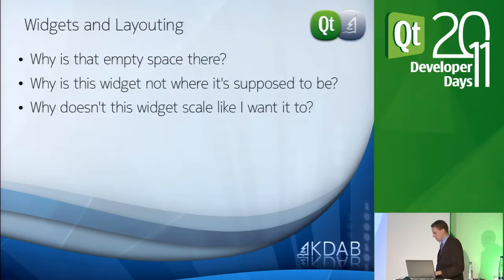And some of the problems you can address with that is, if you do layouting with widgets, especially more complex layouts, nested layouts, spacings, different size policies, you might end up with scaling behavior that doesn't really match what you expect. You might end up with empty space where you don't expect it. So you want to see what actually the layout looks like there.